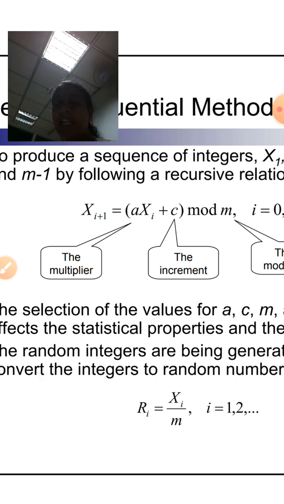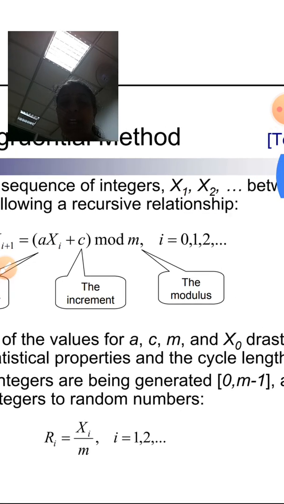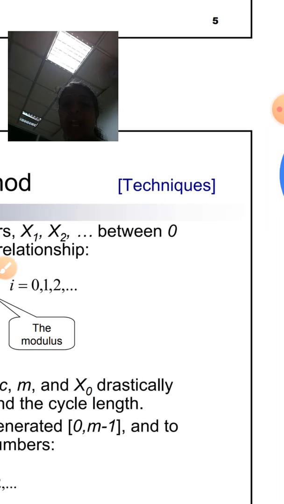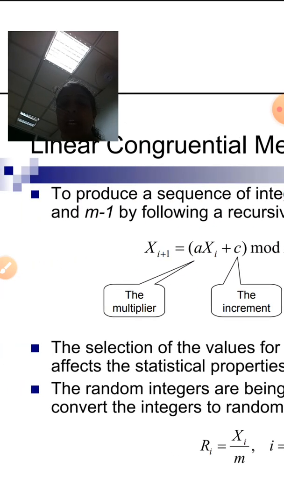The next thing we have to take care of is that the random integers generated are in the range 0 to m minus 1.